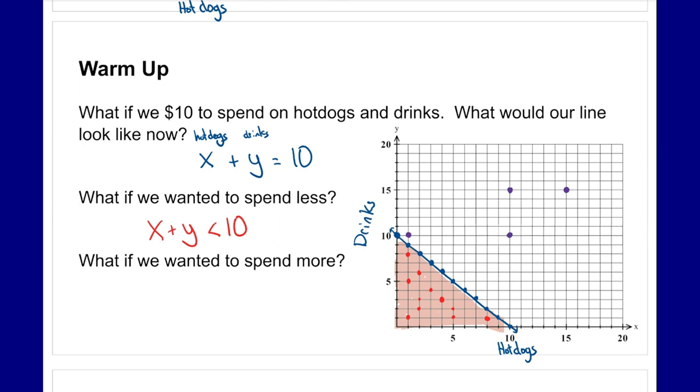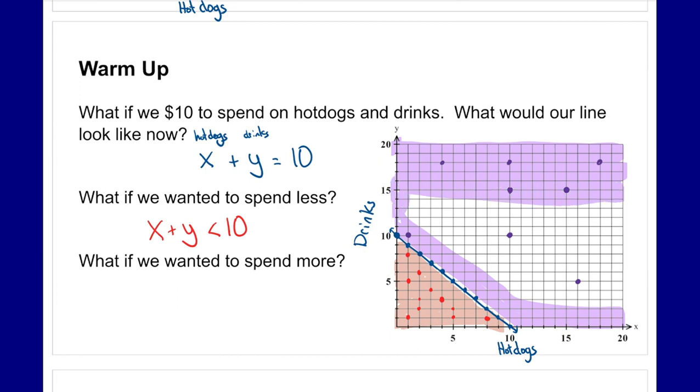The idea is anything above this line, anything above this blue line would be considered spending more than $10. So I can actually just highlight everything, because the only stipulation is that it's greater than 10, or more than $10.